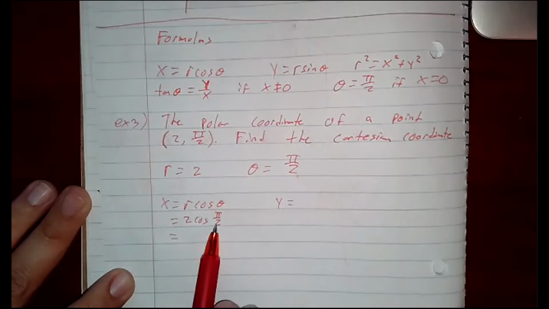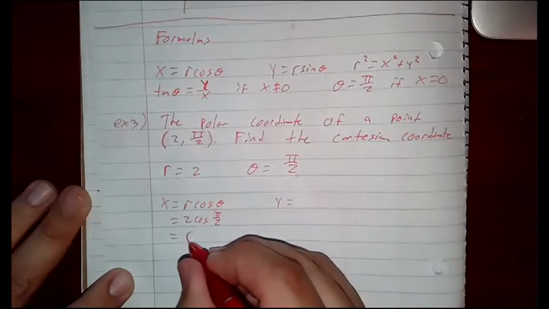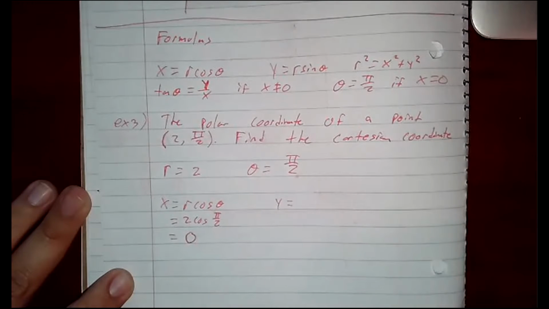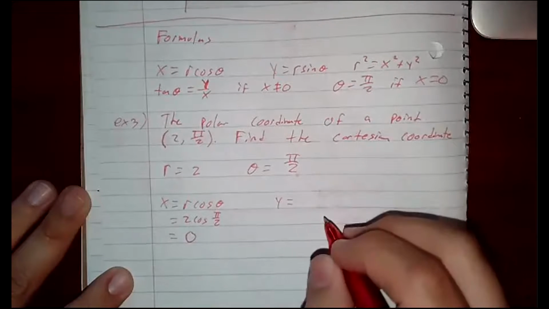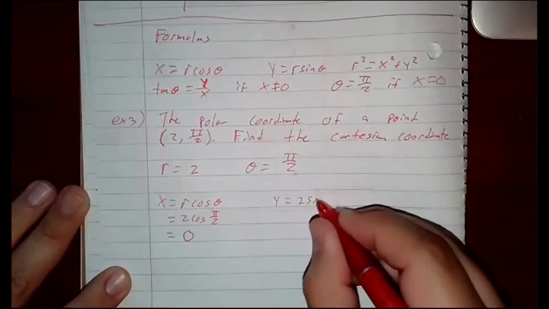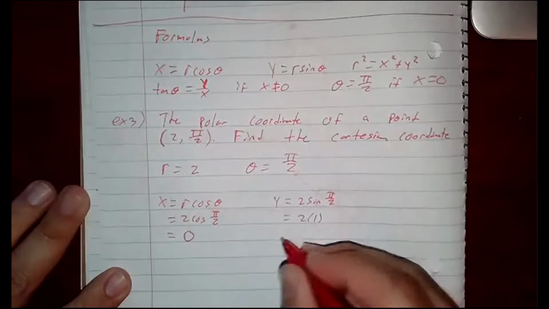Right, cosine pi over 2. Whole thing is 0, right? So x is 0 in this case. Now, y, let's solve for y. 2 sine of pi over 2. That would be 2 times 1, which is 2.